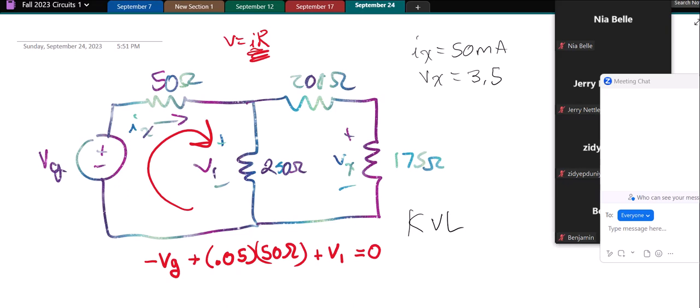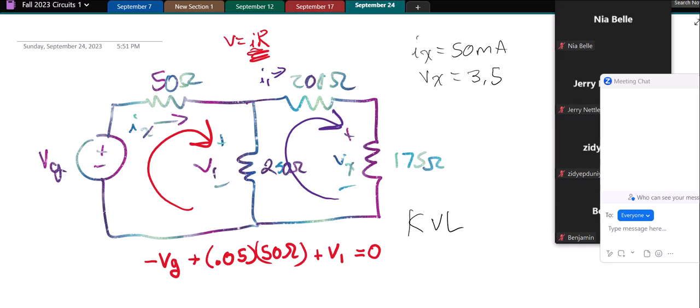Then I can take another loop. Let's do a loop around this second loop here. I know what Vx is, and I have another current up here, this is I1, that way.